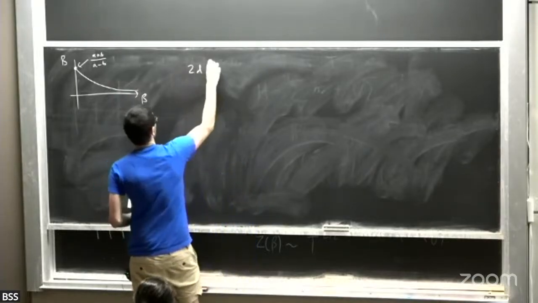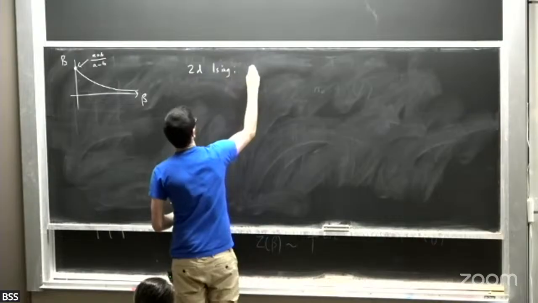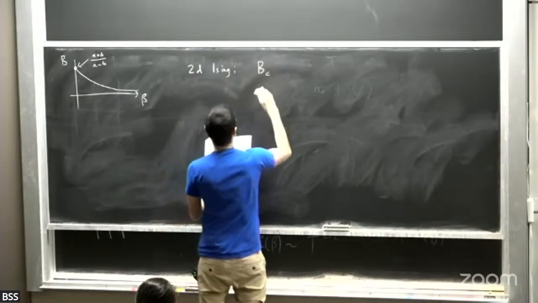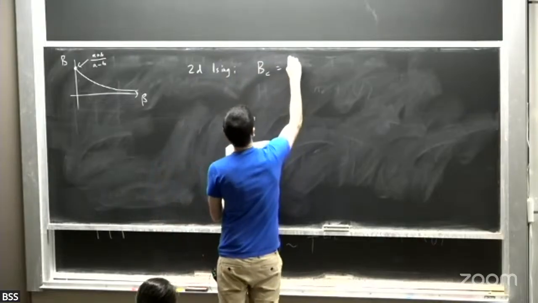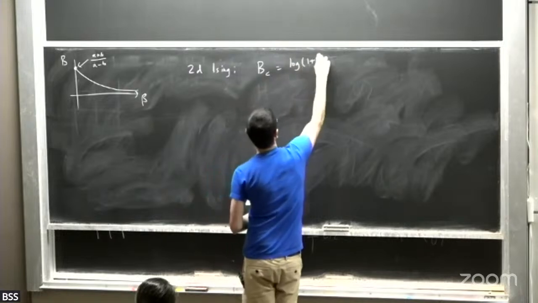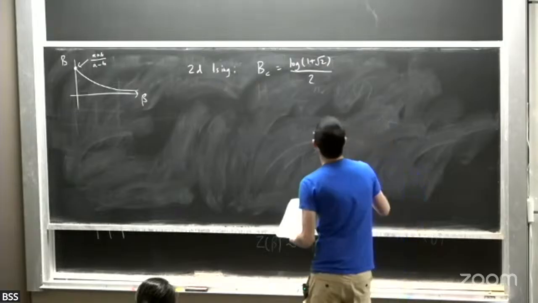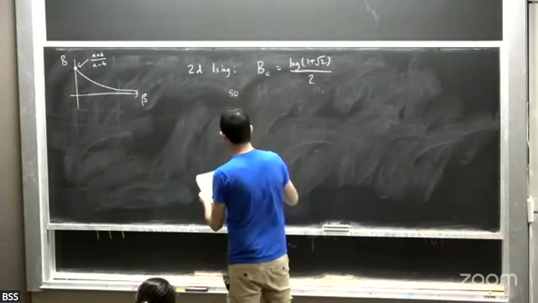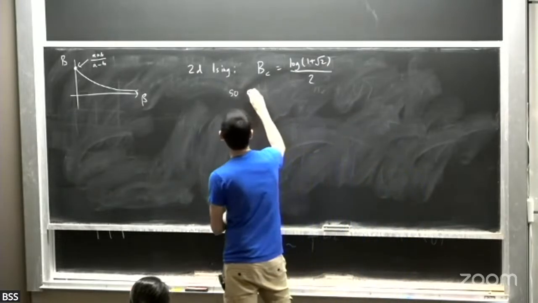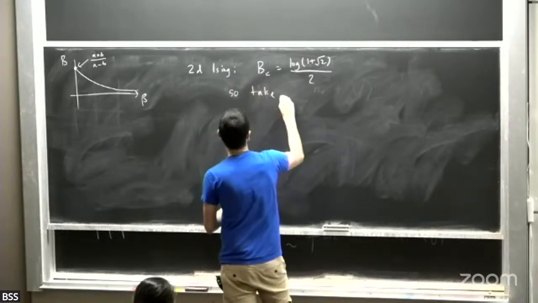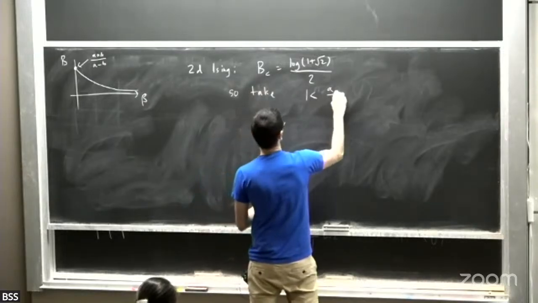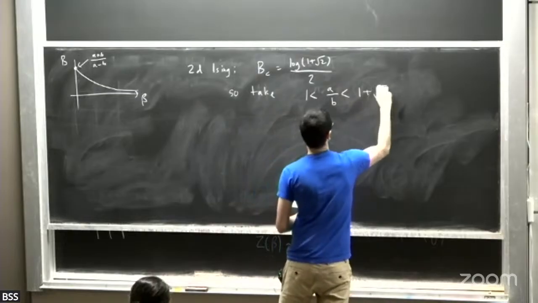Now the 2D Ising model has a critical value of b at log of (1 plus square root 2) over 2. And so after a few lines of algebra, you can show that we want 1 to be smaller than A over B to be smaller than 1 plus square root 2.